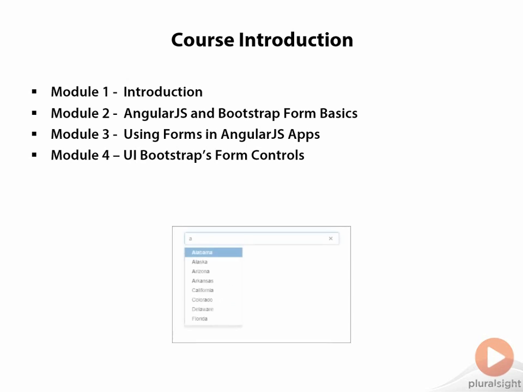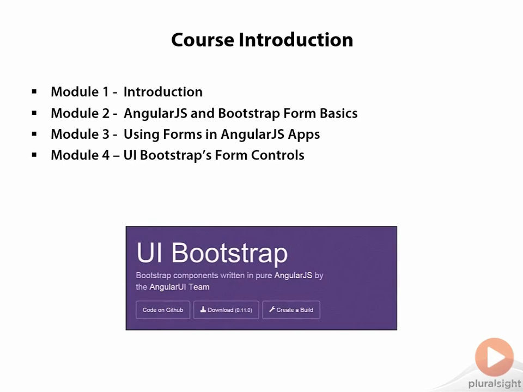There's a type ahead directive for making suggestions to users as they type, a rating directive to rate website content, and collapse and accordion directives to show and hide web controls and markup. Other controls include popovers, tooltips, alerts, buttons, carousels, dropdowns, pagination, progress bars, and tabs.